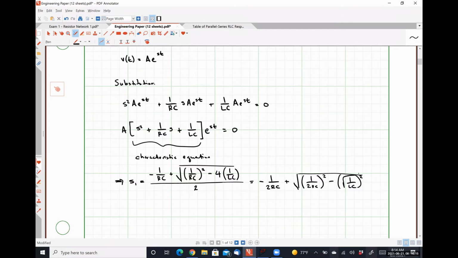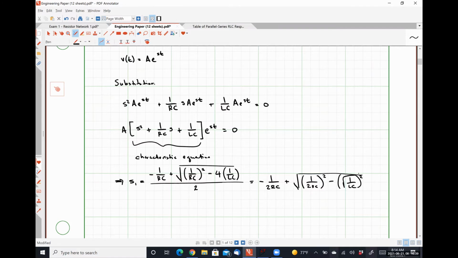All I've done in this step is move that 2 from the denominator into the denominator of the numerator, if that makes sense. And I also split my 1 over LC term up into the square of the square root of 1 over LC.